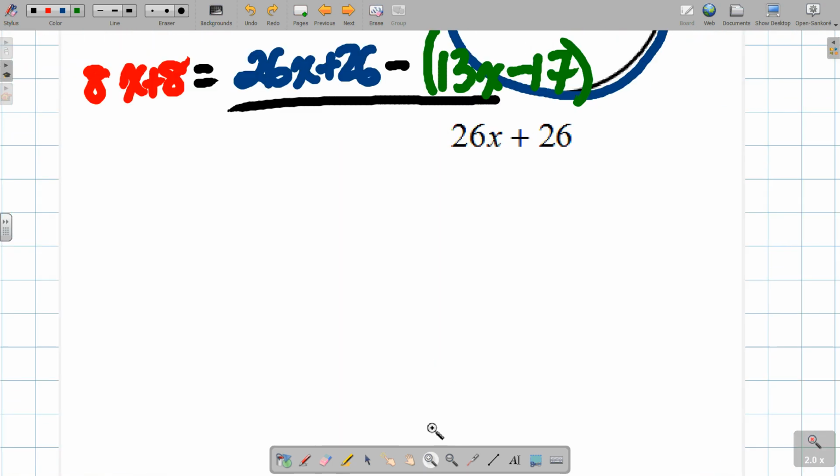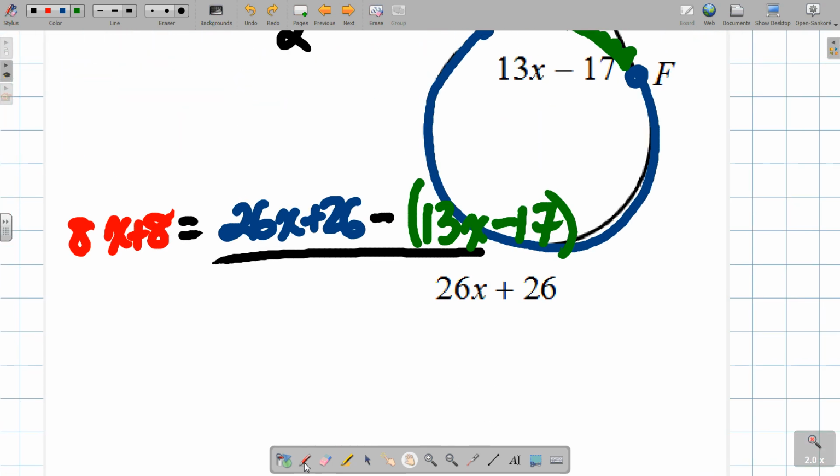Let's get kind of close here. Again, you have to distribute that negative sign. So the next line should read, over 2. Don't forget that over 2.